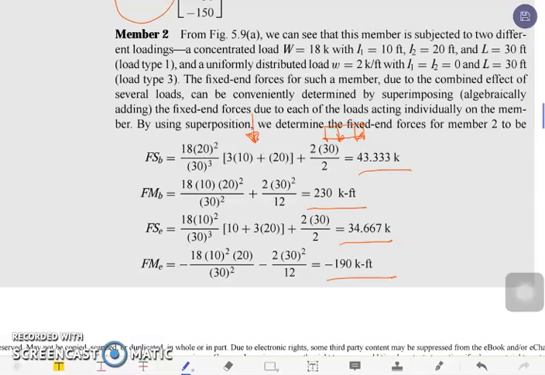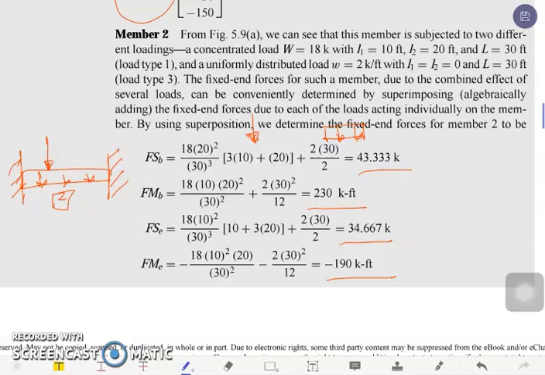You have to take note that this is member 2, which means this one is our concentrated and uniform loading, and of course we assume that both ends of the member are fixed, and you have your concentrated load. That is the position for our member 2.